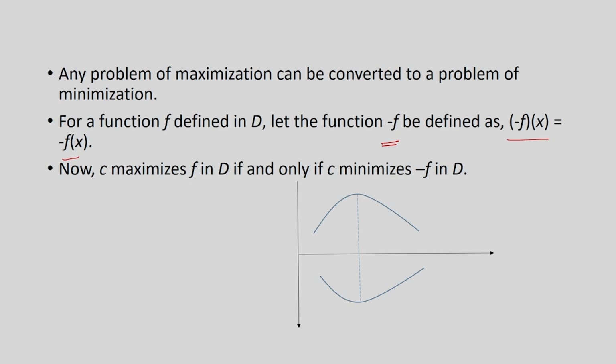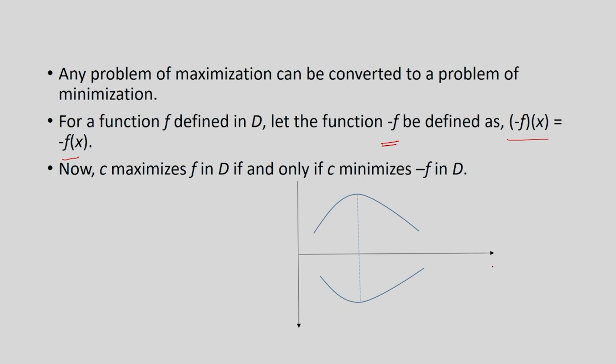We are defining a new function which is minus f, and then we are saying that let us suppose we are trying to maximize f. Then if we are maximizing f at C, it must be the case that C is minimizing minus f. And here is the geometric depiction of that.